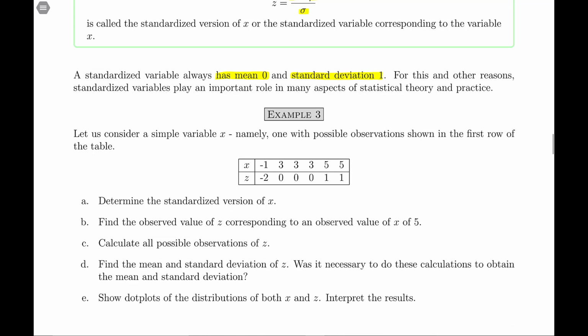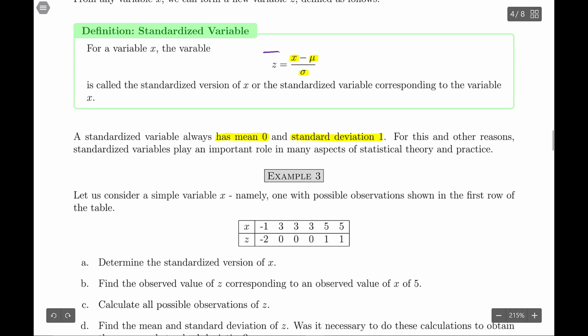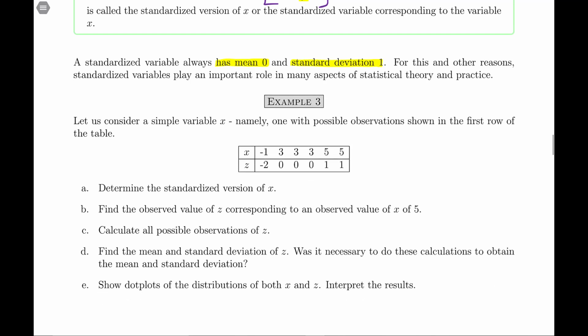All that is taking this formula and substituting in what we know. So for the standardized version of x in this case, it's z equals x minus 3 over 2.